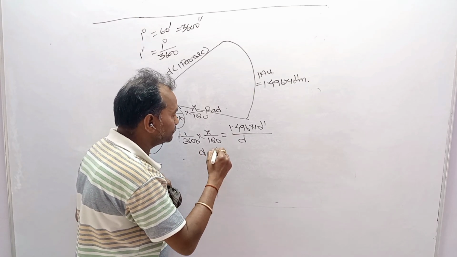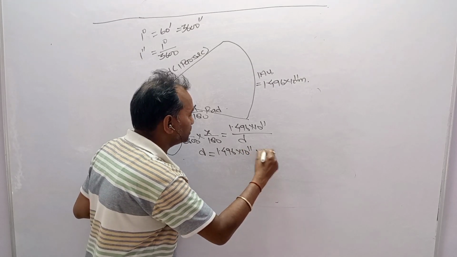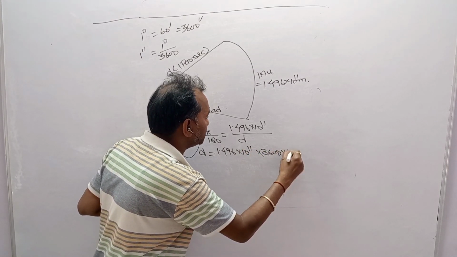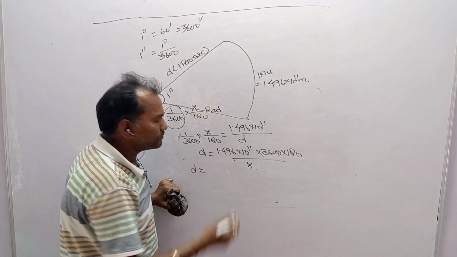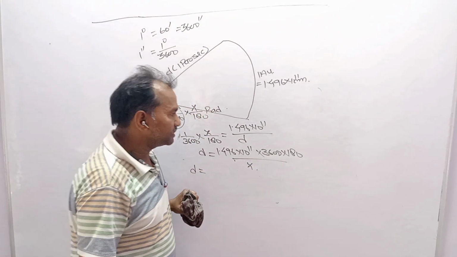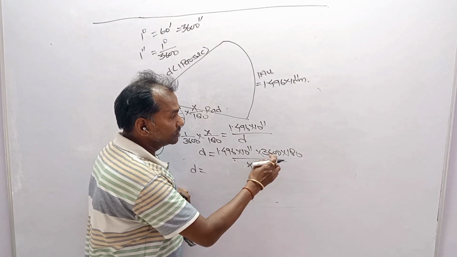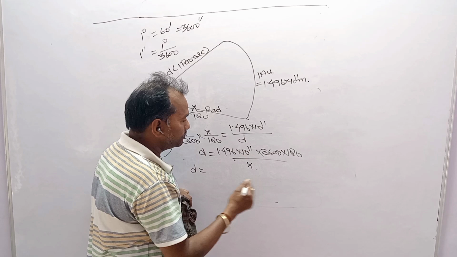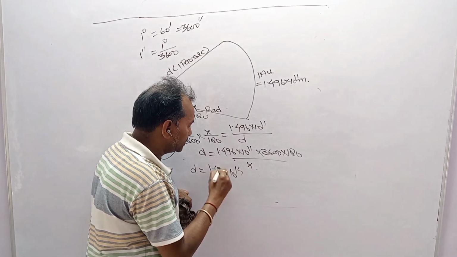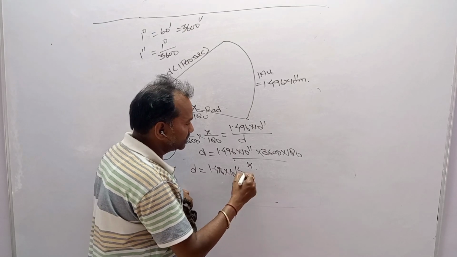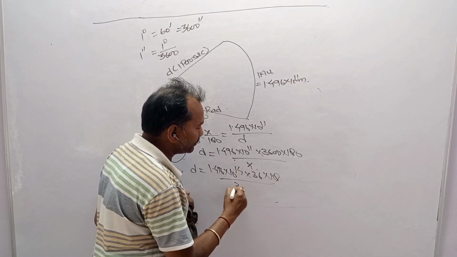So d is equal to 1.496 into 10 raised to the power 11 into 3600 into 180 over pi. Solving, 36 into 18 over pi, with pi as 3.14, the power becomes 10 to the power 16.